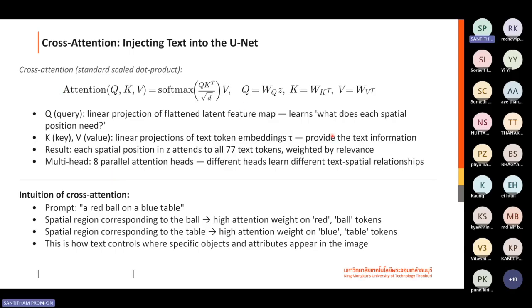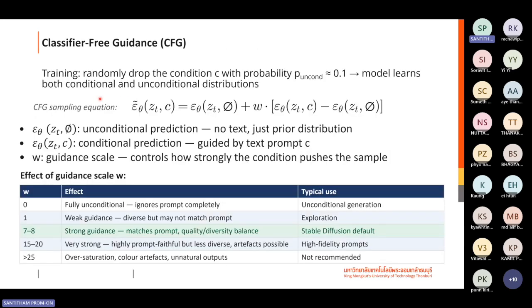So besides just the text that's used in the cross attention, there is the classifier free guidance that's used in training. So what is this? This is the drop of condition C. That is the CFG, used to represent the predicted noise. You have the predicted noise of C at the iteration T and the certain condition here.